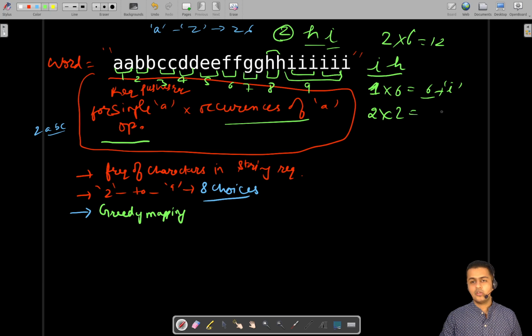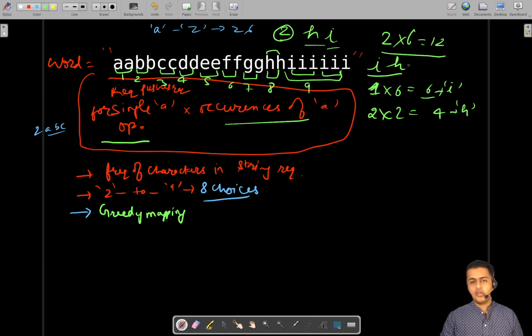So 2 into 2, it will be 4. So you can see that in total we are spending 10 operations, but here for I alone we were spending 12 operations, or 12 key pushes.